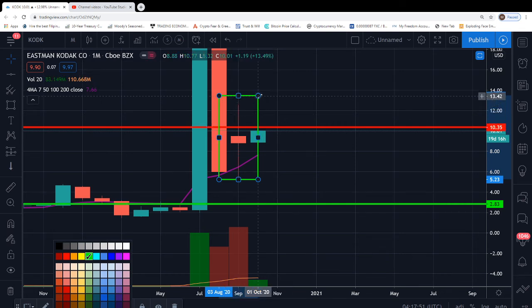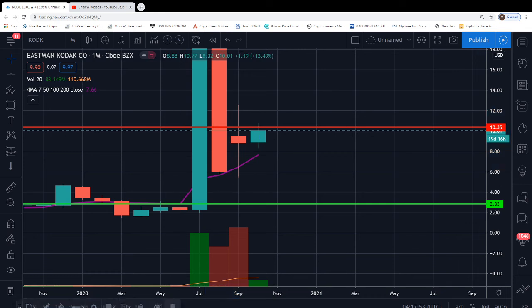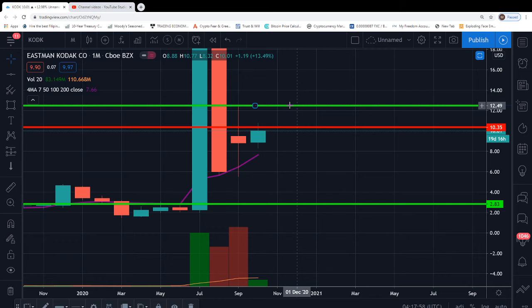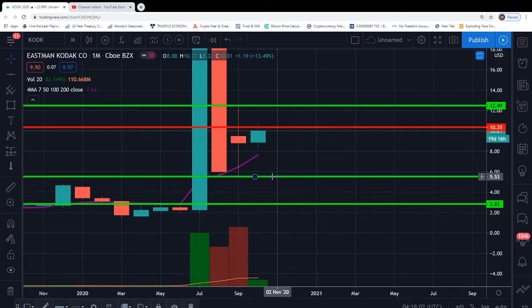What I do with this information is I'll put a line here. This is for the monthly, guys. Put a line there, and I'll put a line right here. Basically what I can see here is that whether the buyers or the sellers, I'm not sure who owns this range. Wait, hang on.